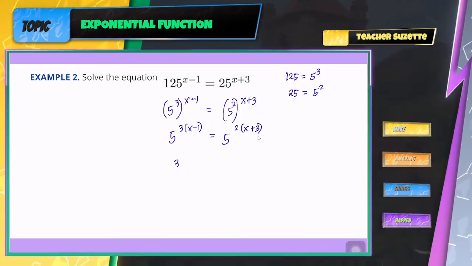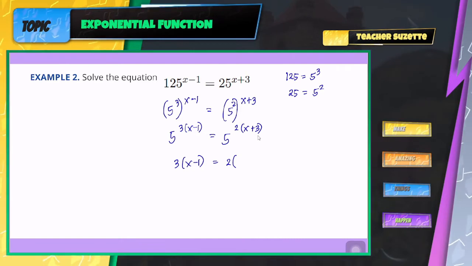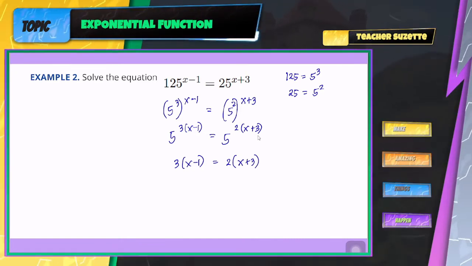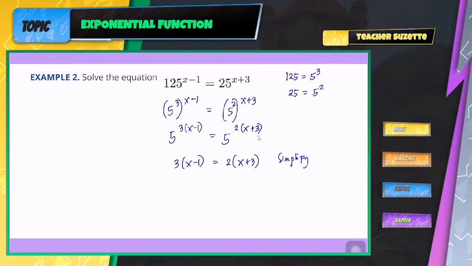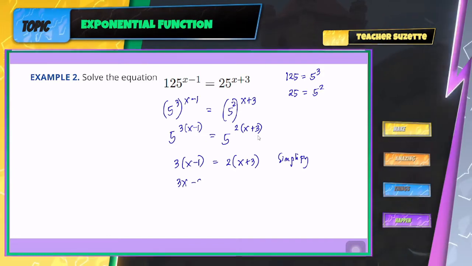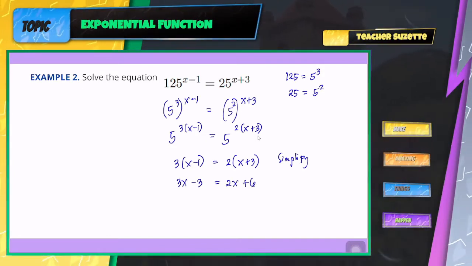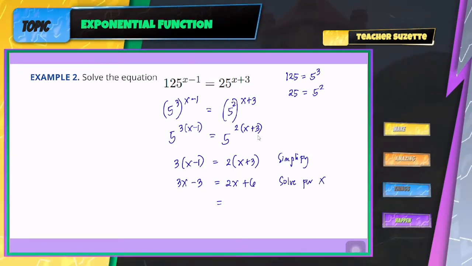So, you will have 3 times x minus 1 is equal to 2 times x plus 3. Then, solve na natin by simplifying both sides. Simplifying, you will have 3x minus 3 equal to 2x plus 6. So, let's try to solve for x.